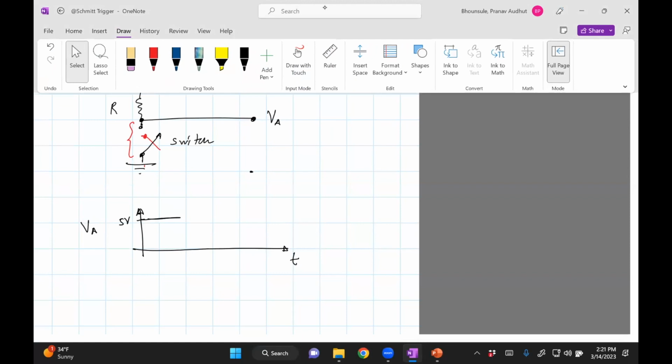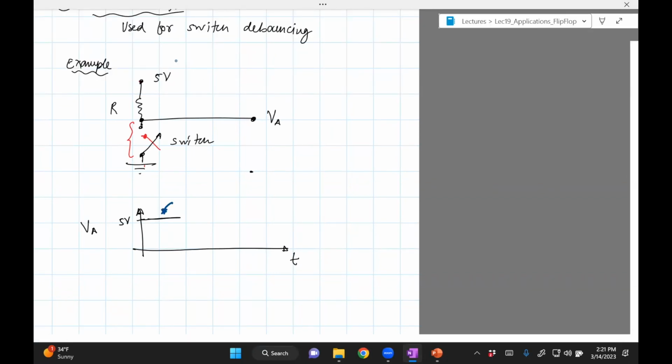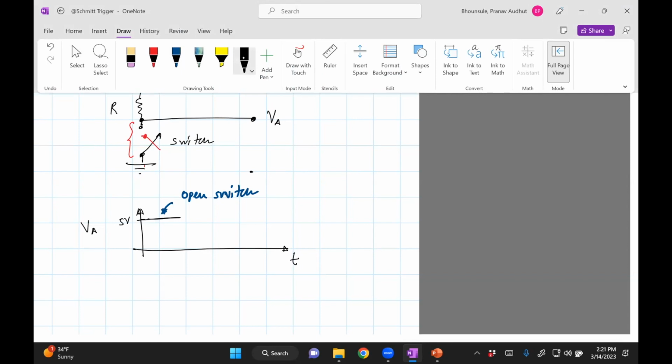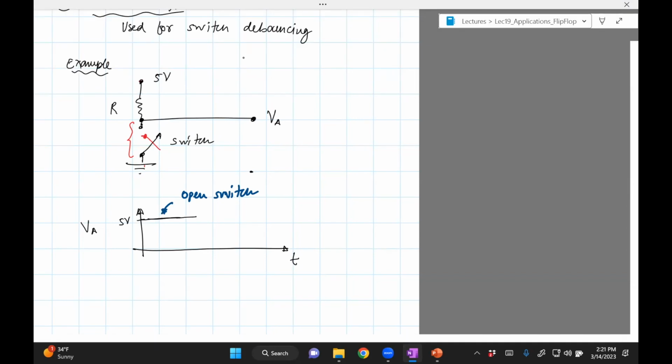Okay, so this is the open switch. Now let's close the switch. When you close the switch, it's expected to go to 0, because once you close the switch, current flows from 5 volts to ground, and the voltage drop between VA and ground is 0.